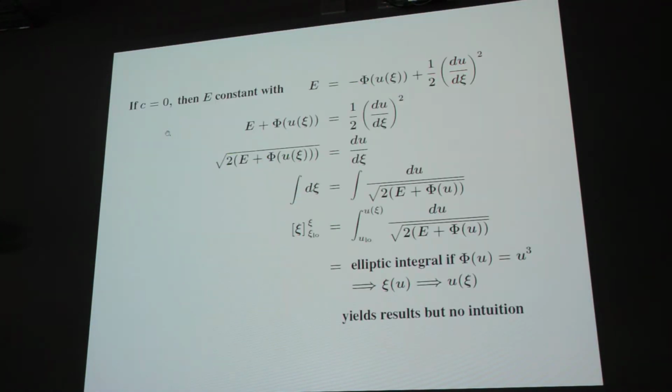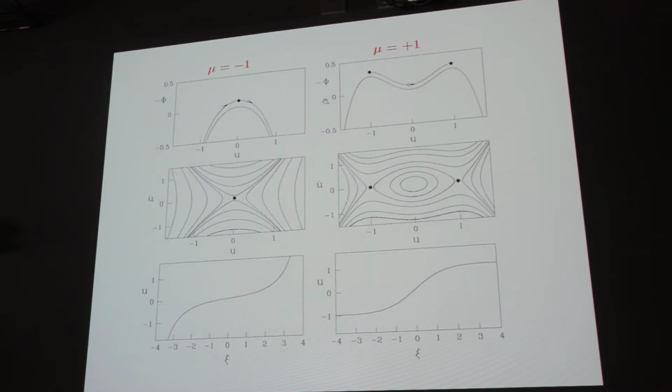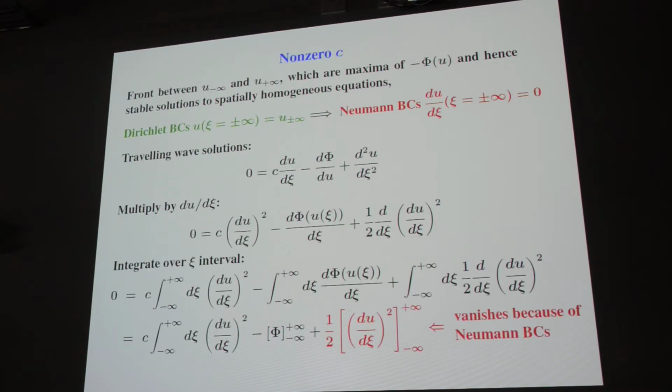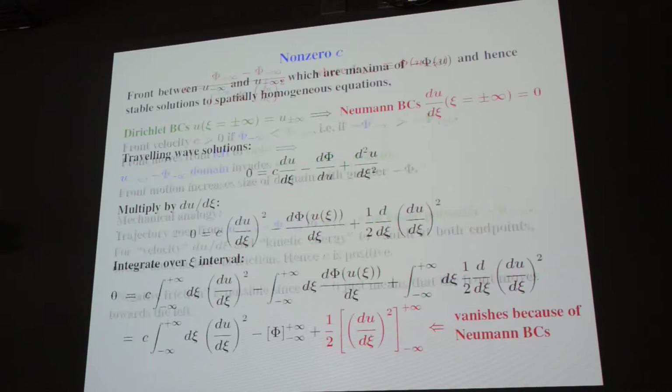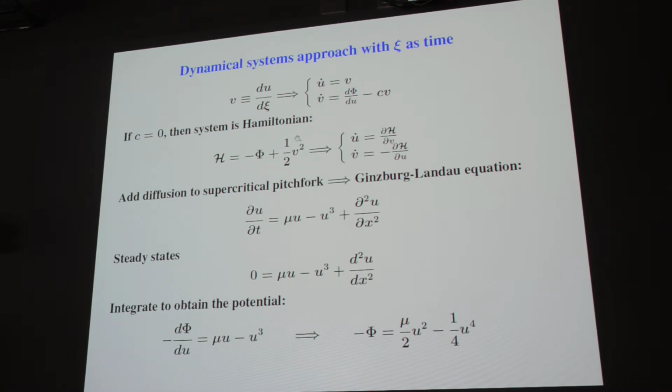We did something like this over here, where we had u dot equals v and v dot equals something. If c equals 0, then the system is Hamiltonian, u dot equals dH/dv, and v dot is minus dH/du, just as we just saw.